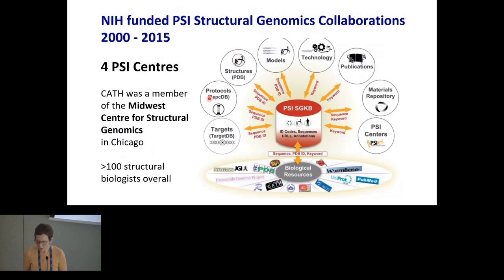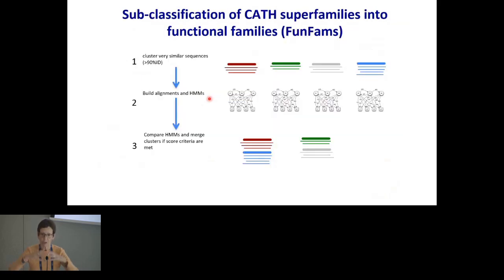And so how did we do that? This necessitated a completely new algorithm where we just worked with sequence data. And we took all the superfamilies, actually, and we first of all clustered by sequence information, very highly similar things. We can then build patterns from those highly similar things and use the lovely, wonderful tool of Johannes Söding, HHalign, which allows us to then merge clusters that are highly similar in their sequence patterns.